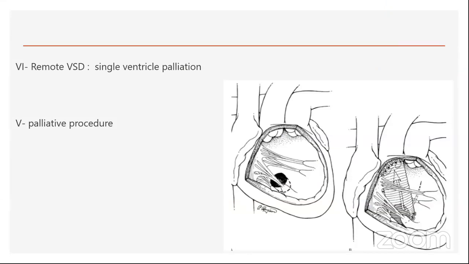So instead of doing a long tunnel in a very small baby with high risk of obstruction when the baby grows, one other strategy might be to do a pulmonary artery banding now, so that the pulmonary circulation is protected. You allow the patient to grow older, and then you do that long tunnel when the baby is like 10, 12 kilos. So you get better visualization and less risk of outflow obstruction.